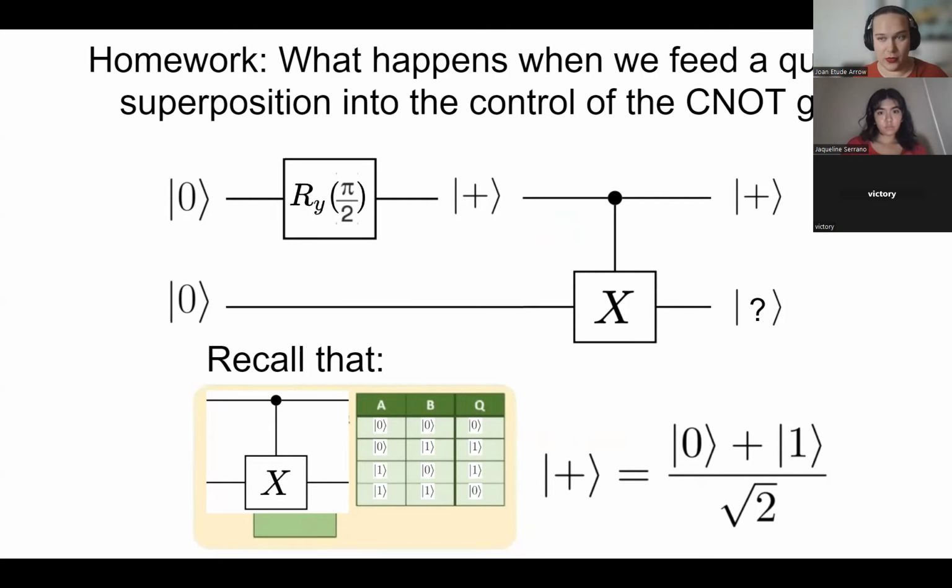It might be 0 or it might be 1. And because of the quantum nature of these things, we can now think of these two states as being connected. If I look at the top qubit and I see a 0, then the bottom qubit will be a 0. But if I look at the top qubit and I see a 1, then the bottom qubit will be 1.